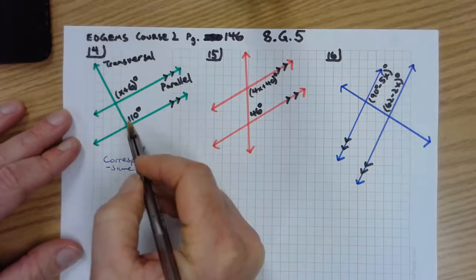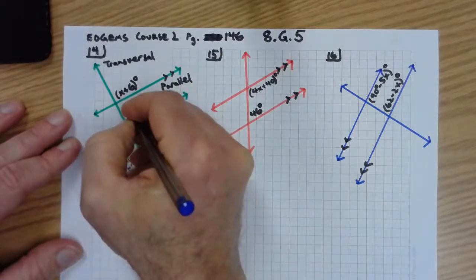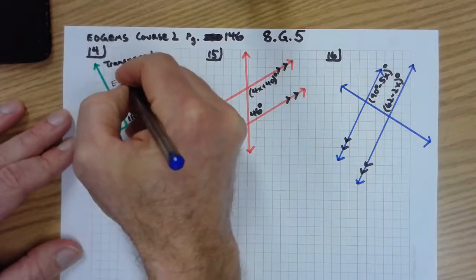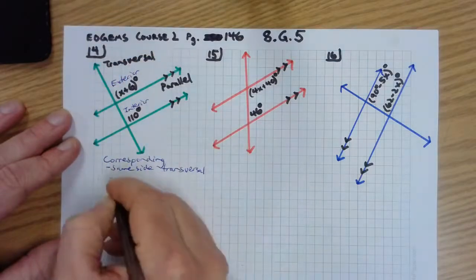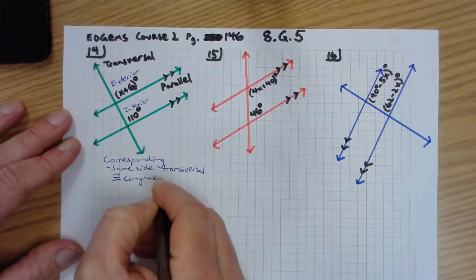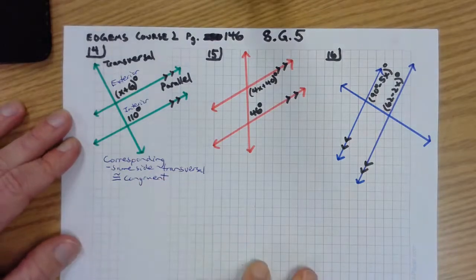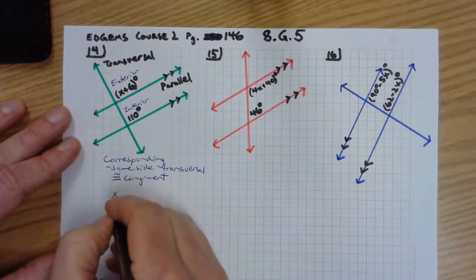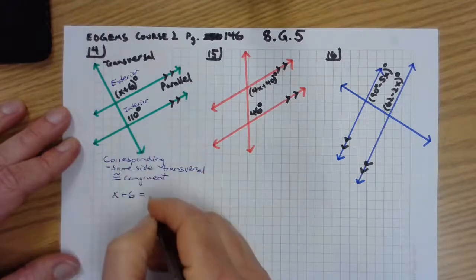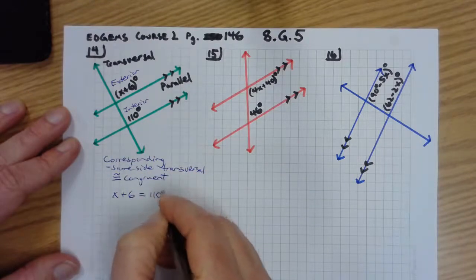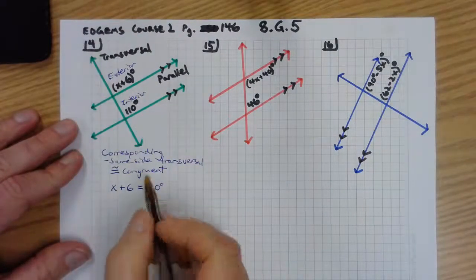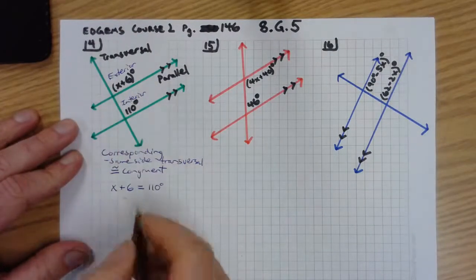And one is interior and one is exterior. If we meet those requirements, what we end up with are congruent angles, meaning they equal each other, which tells us we can set up an equation using one of the angles on each side of the equality sign. And when we solve that, it'll give us the degrees of each angle.